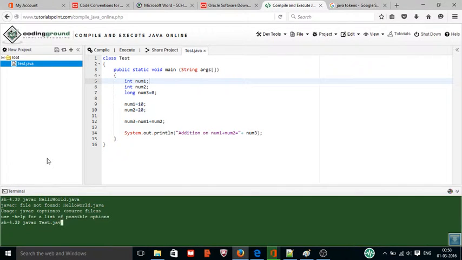It's slow because it's actually online. Then java Test. It's showing the output: addition of num1 and num2 is 20.